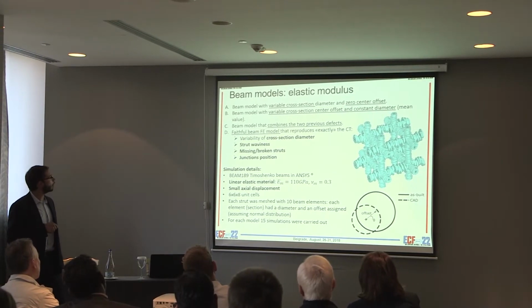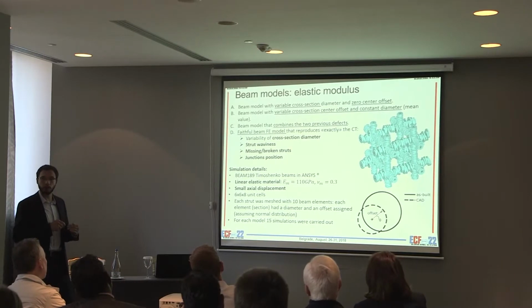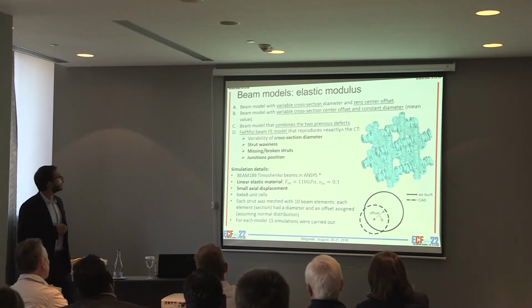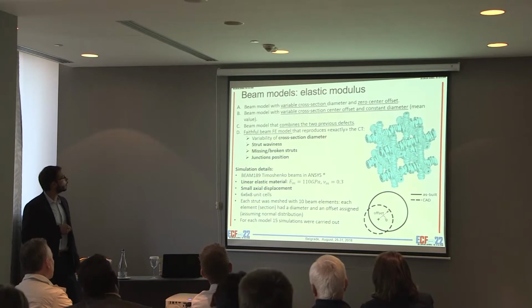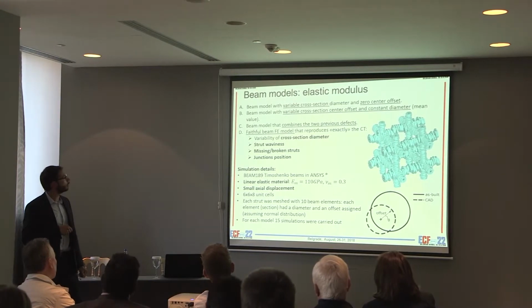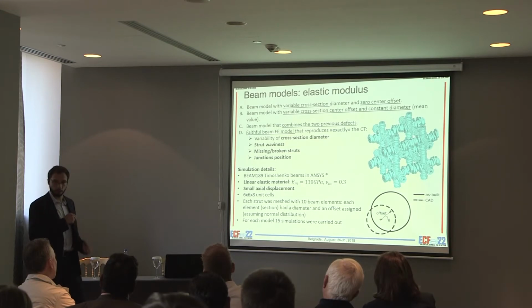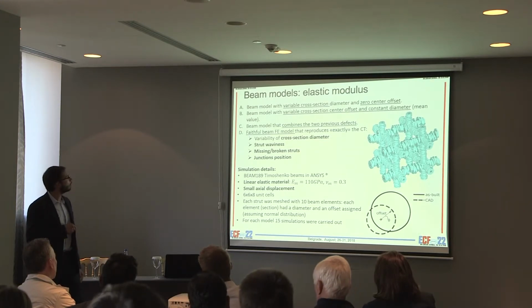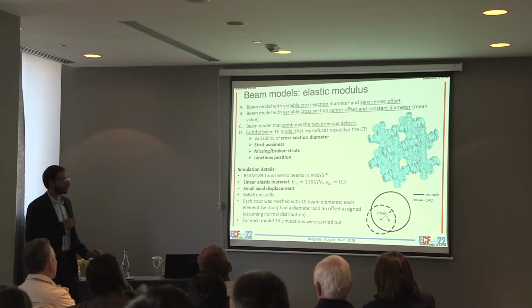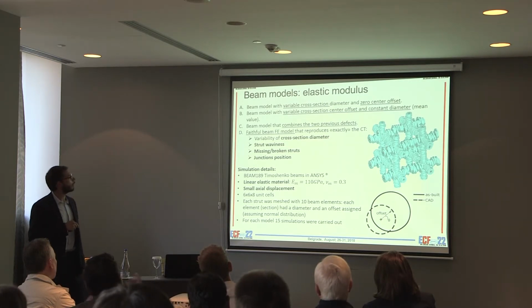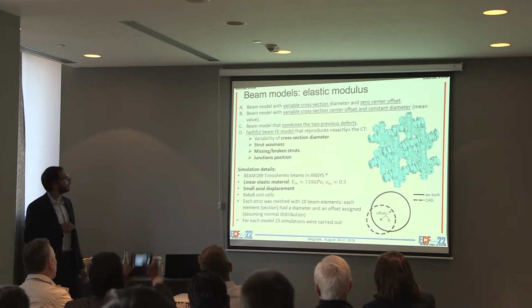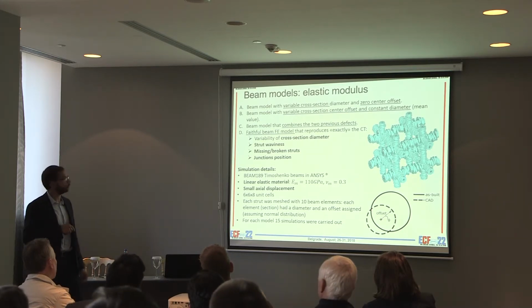Four beam models were built with different amounts of defects. I prepared a beam model which included the variability in the cross-section radius, but the offset was kept at zero. Another beam model had a constant diameter equal to the mean value calculated with the tomography, but the values of the offset were taken from the distribution.